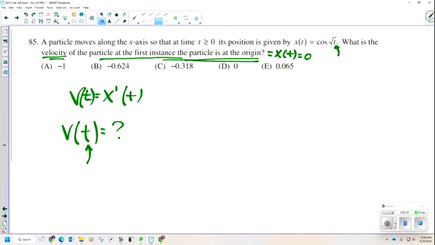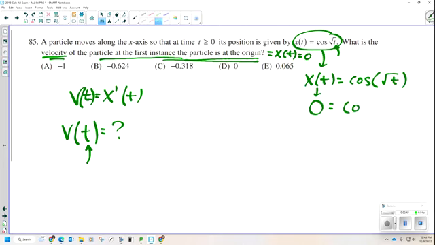So let's look at our position equation right here: x of t equals cosine of the square root of t. The position is 0. What time does this happen? Whatever time that is, that's the time we're going to throw in for velocity.